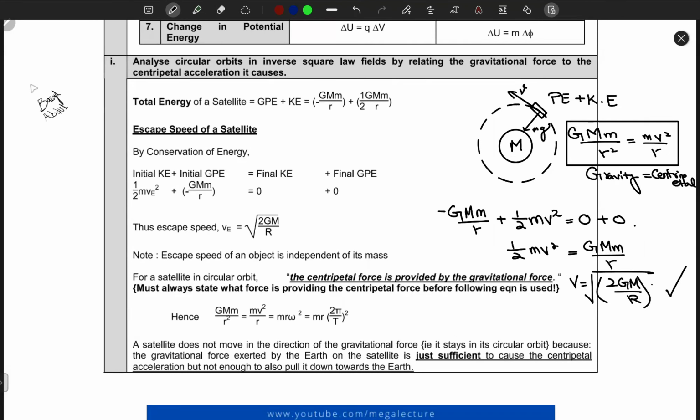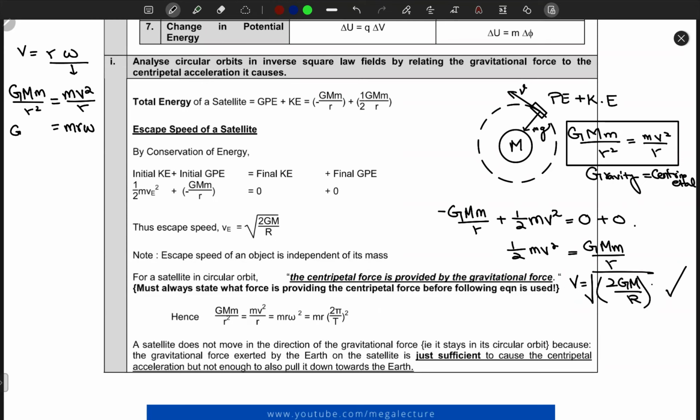Okay, so we know that GMm by r squared is the force that is providing the necessary centripetal force to the satellite to keep it in orbit, which is mv squared by r. We also know that we can relate the linear velocity with the angular velocity with a factor of r. So if I use this in this expression, this thing becomes mr omega squared.